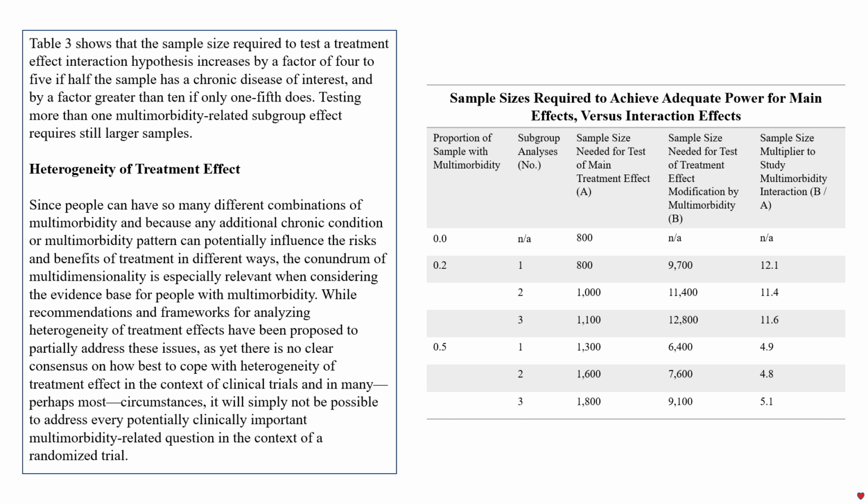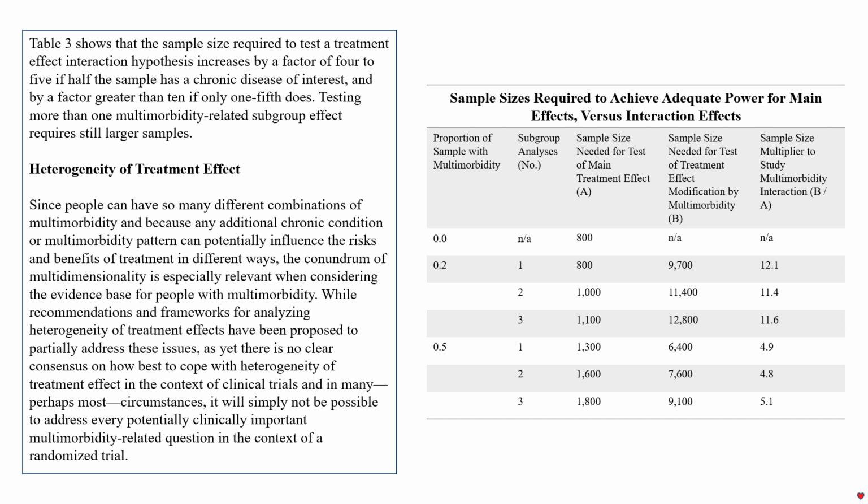Heterogeneity of treatment effect. Since people can have so many different combinations of multimorbidity, and because any additional chronic condition or multimorbidity pattern can potentially influence the risk and benefits of treatment in different ways, the conundrum of multidimensionality is especially relevant when considering the evidence base for people with multimorbidity.